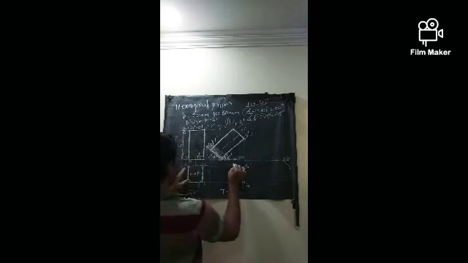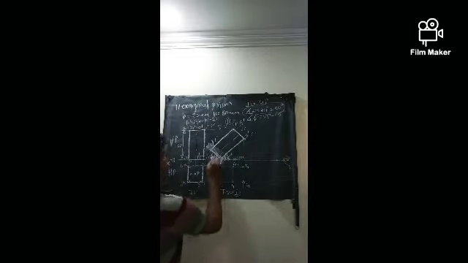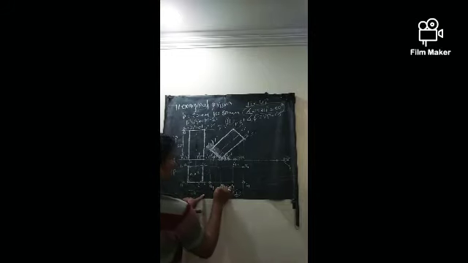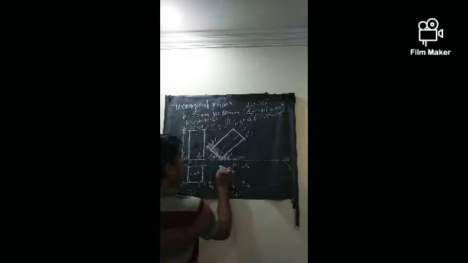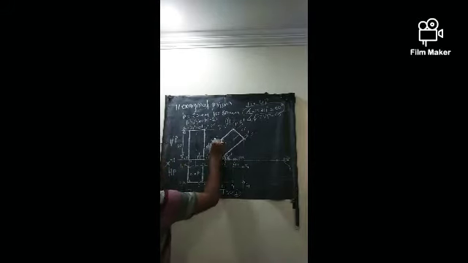Then next, 4 and 4 dash intersecting is 4 1. Then next, this point is A and A dash intersecting here is A1. This will be B1 because B and B dash intersecting here is B1. C and C dash intersecting here at C1, and this point is D and D dash. This is B dash and this point is B, so intersecting somewhere here is B1.